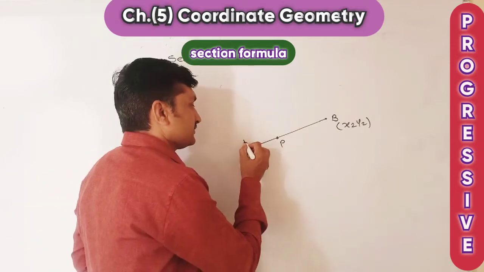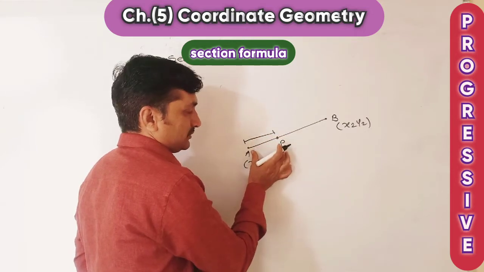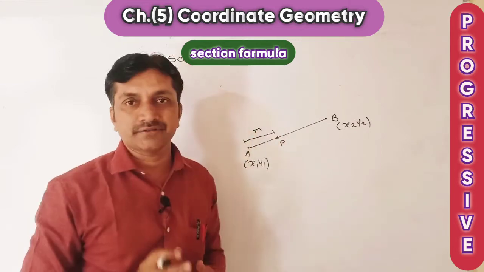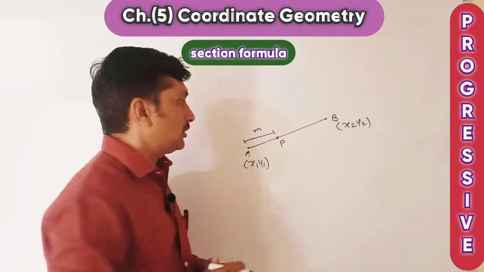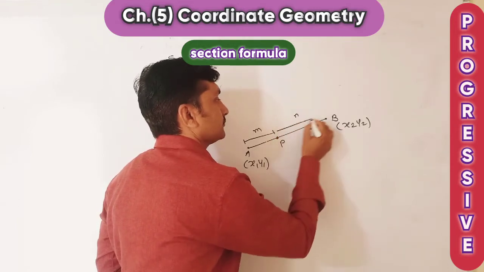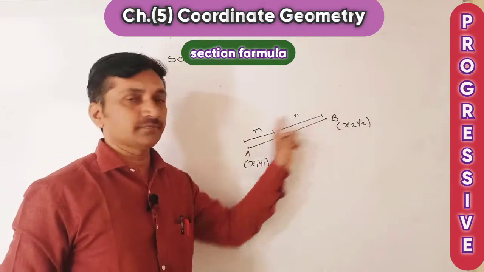For that, from A to P we consider m parts, and from P to B we consider n parts. The total number of parts is m plus n.